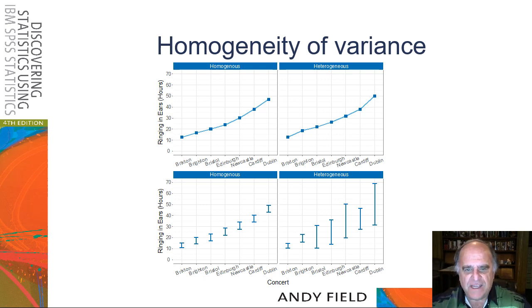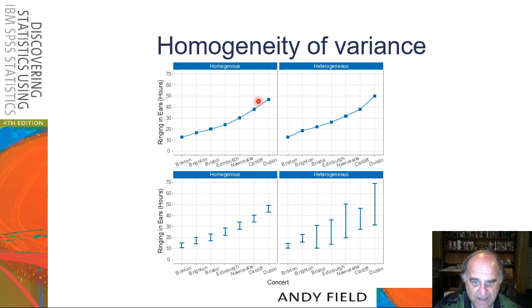So here we can see homogeneous variance and heterogeneous variance. Again, this is for different groups. So these are different geographic areas of England. We're looking at ringing in ears and hours for different groups in England. And we can see in the first case, the data is pretty homogeneous in terms of our variance.